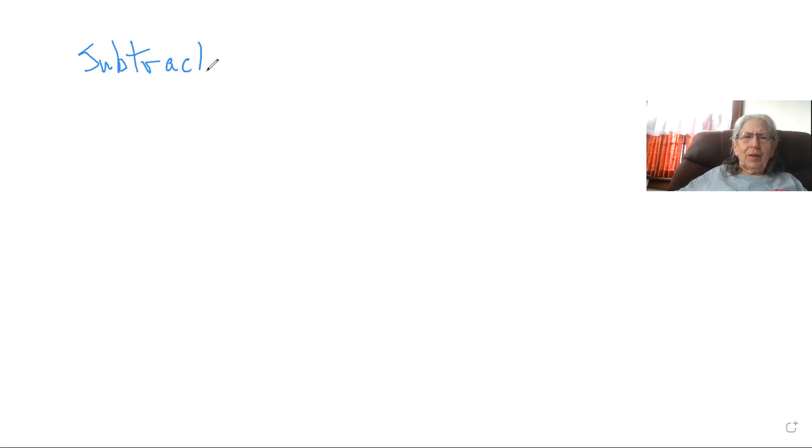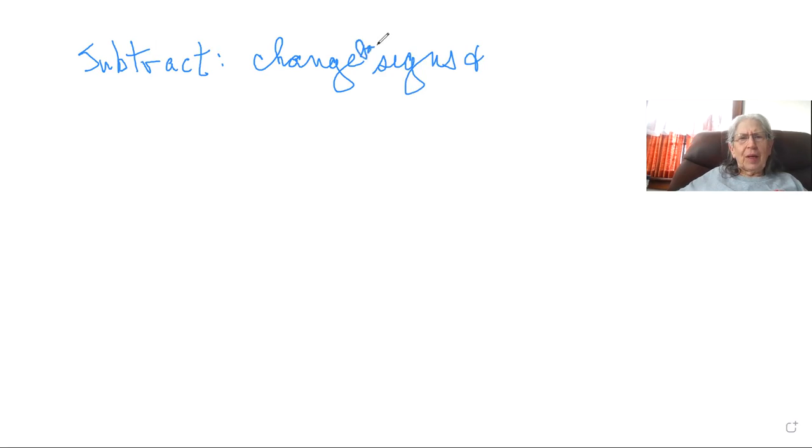So you don't have very much to learn on this one. Change the signs and add. Actually, change both signs and add.